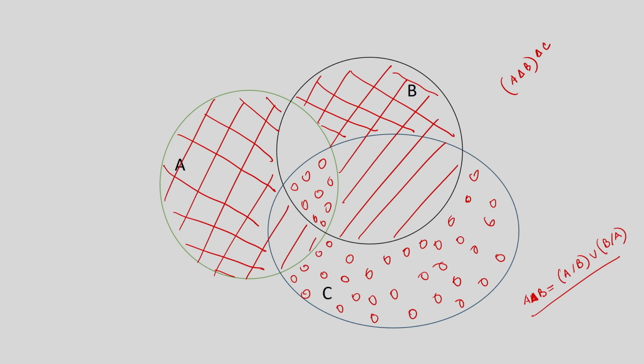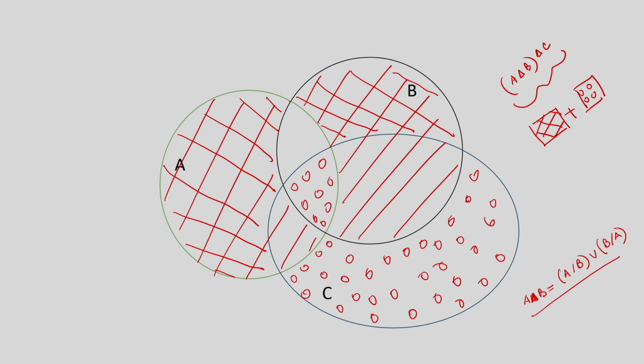Okay. So, this notation A delta B and delta C is what region? This is this region plus this plus this. So, what is the region that we are talking about?